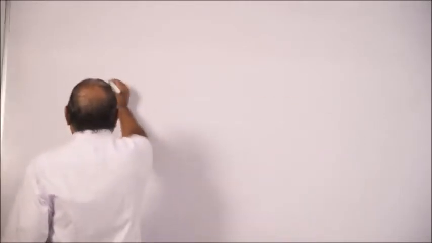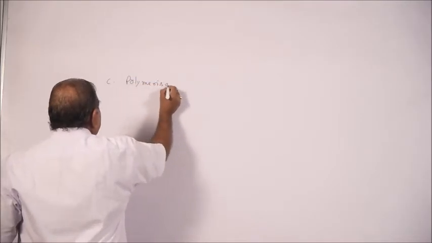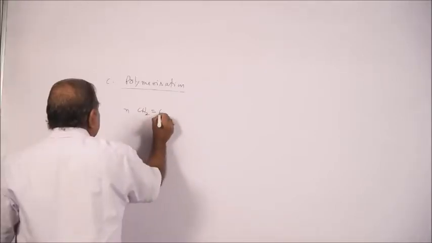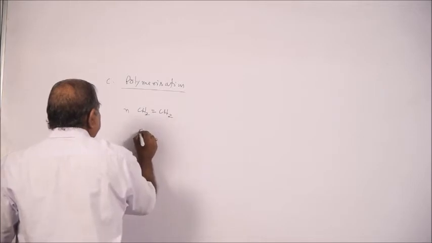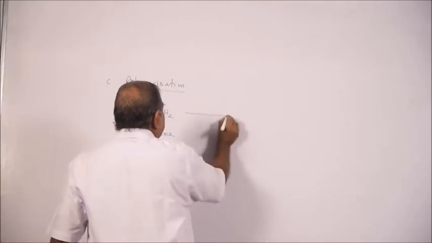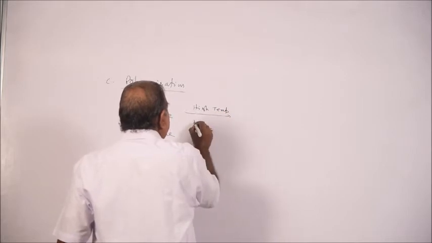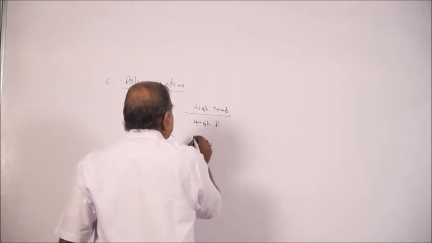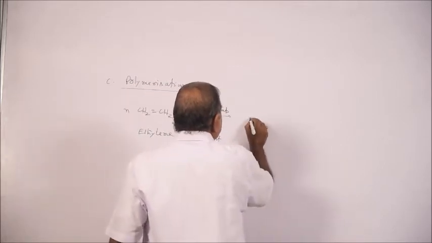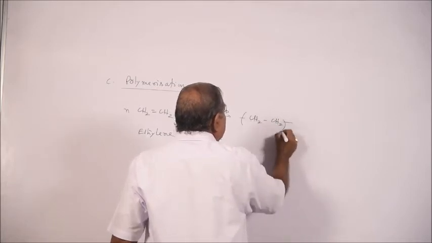C. Polymerization. Polymerization means the same molecule is repeated a large number of times. Let us take a simple example, n molecules of ethylene. When treated at high temperature, under high pressure, and in presence of a catalyst, n molecules of it will combine to form what is called polyethylene.